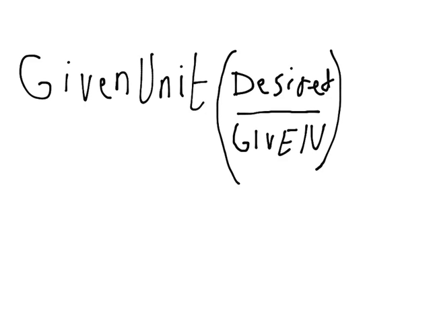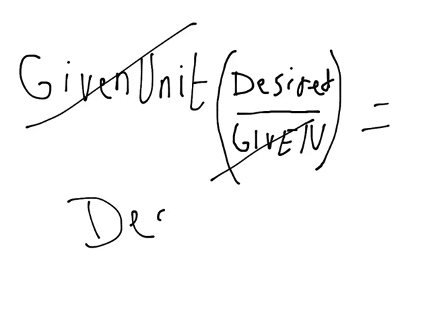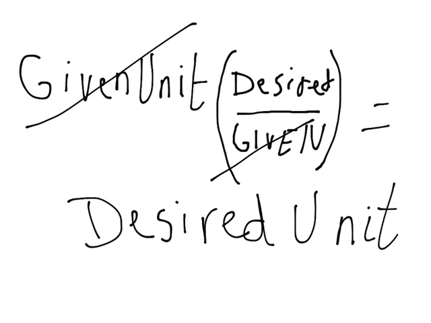If something's multiplying and something's dividing, they will cancel out. So the given units will cancel out, and you will end up only with the desired unit. Again, if you make it wrong, the units won't cancel out, and you will have a totally different unit that won't work out. So let's give an example.